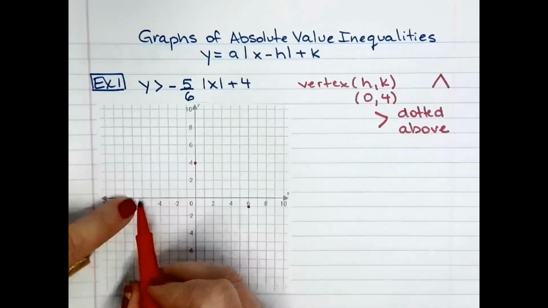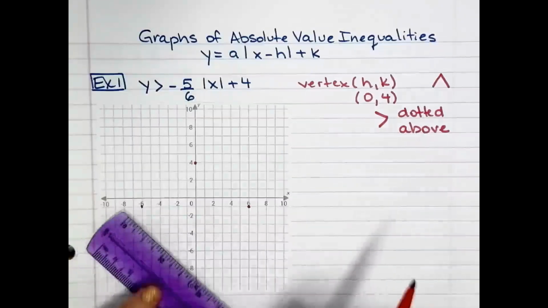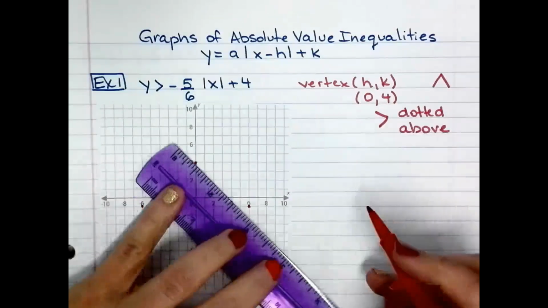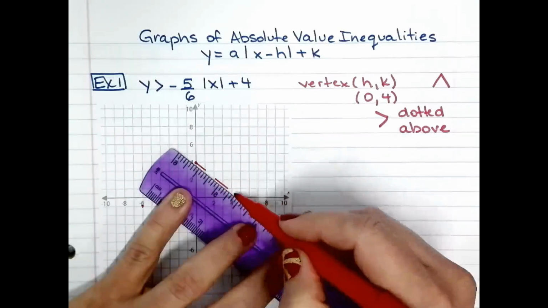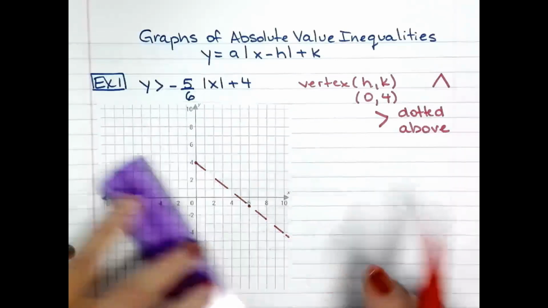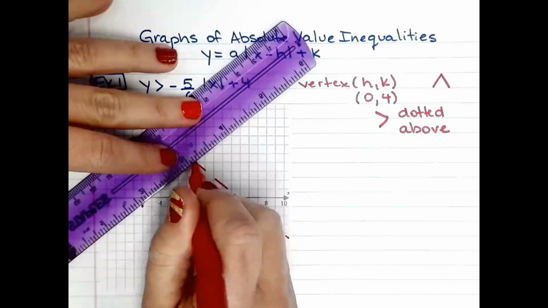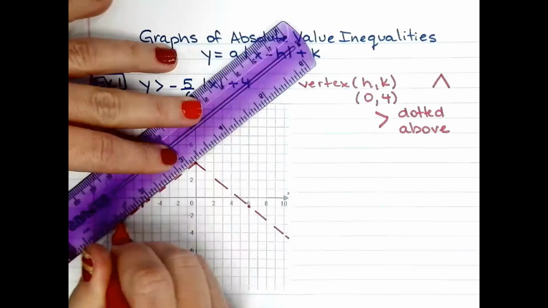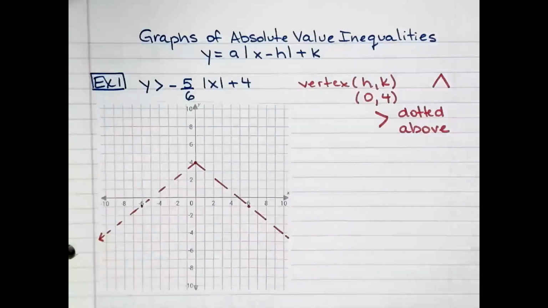So the other one will be (-6, -1). That will give me my V shape right there. So dotted, and we will shade above.